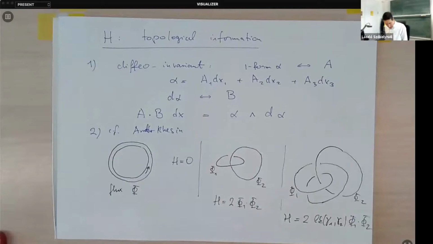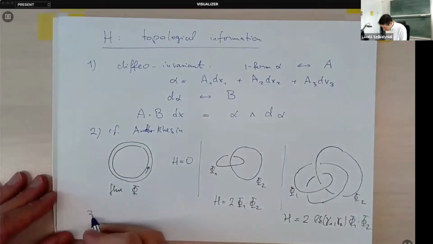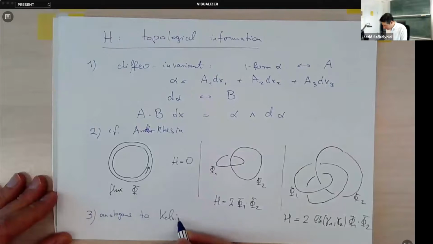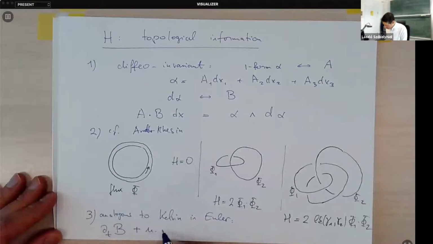Let me also just mention that, of course, this is analogous to the Kelvin theorem in Euler. Okay, so the B equation can be written in the form dt B plus U dot grad B minus B dot grad U equals 0.